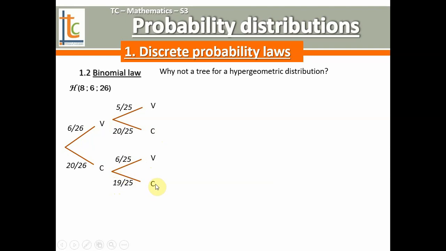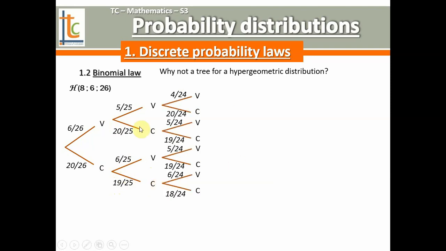And this continues with the evolution of the probabilities of success and failure, every single case having to be studied. So it's very difficult to build a tree in a hypergeometric distribution, where you forbid repetition.